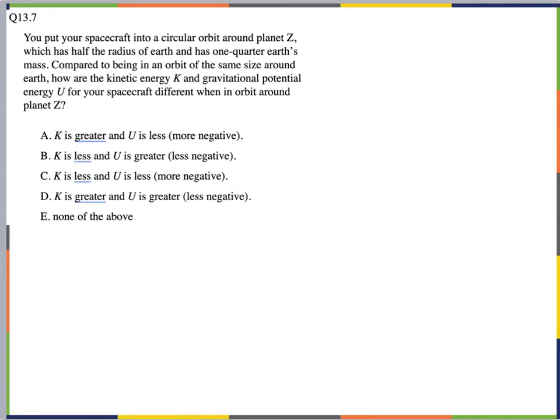Okay, so now here's another question that's going to deal with these things that we learned about the energy of planets in a circular orbit. Just to remind you, we found that the total energy of a planet in circular orbit, and let's assume that this is for Earth, would be minus big G, the mass of the spacecraft, the mass of the Earth, over 2r, and sorry, I forgot to say that it was minus.